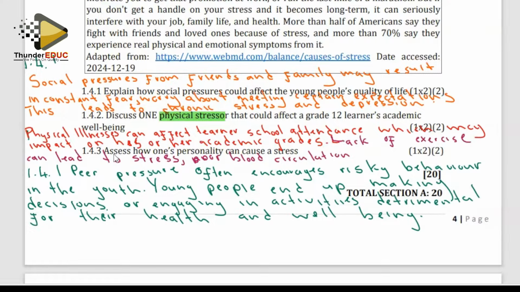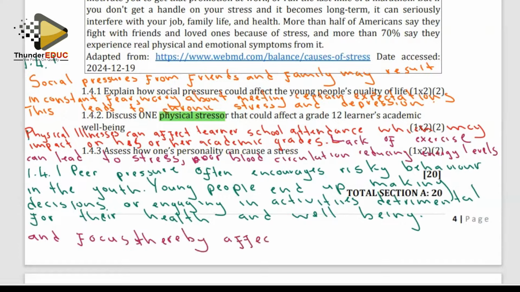It can also lead to poor blood circulation, reducing energy levels and focus, thereby affecting academic performance.